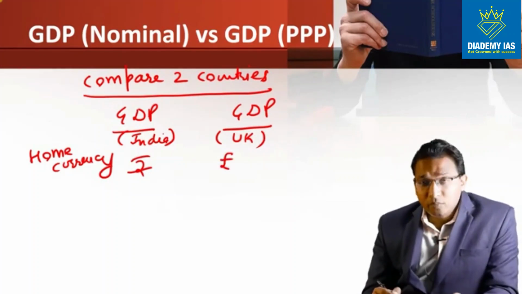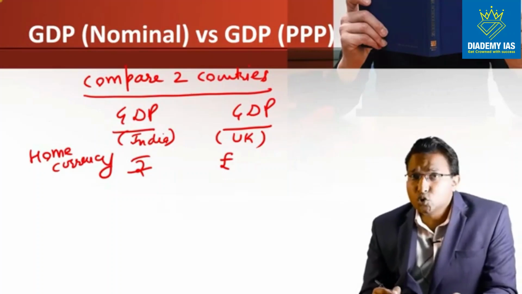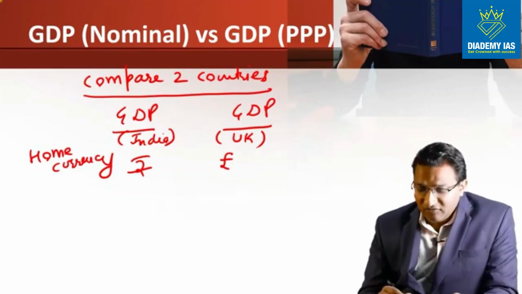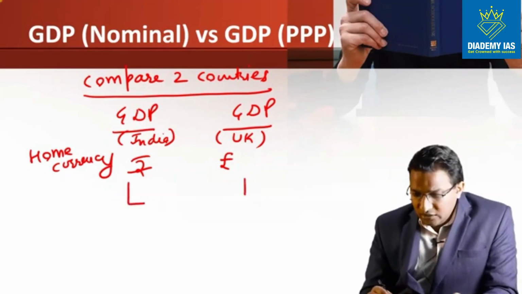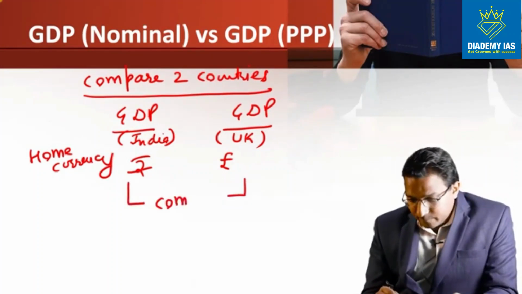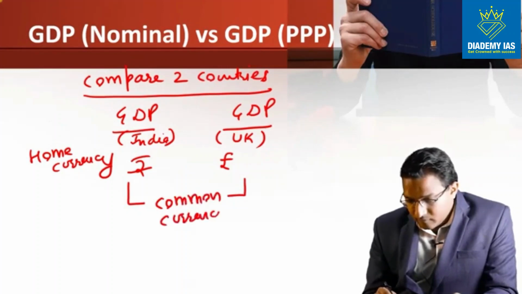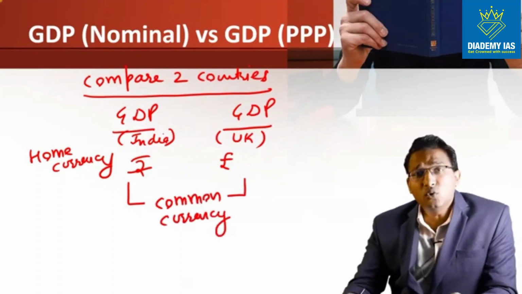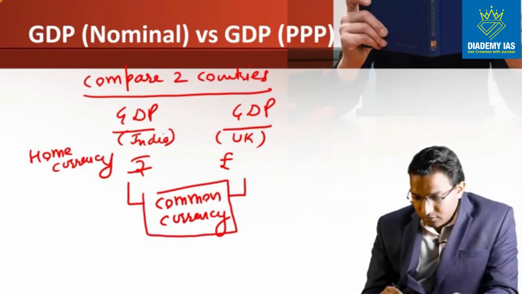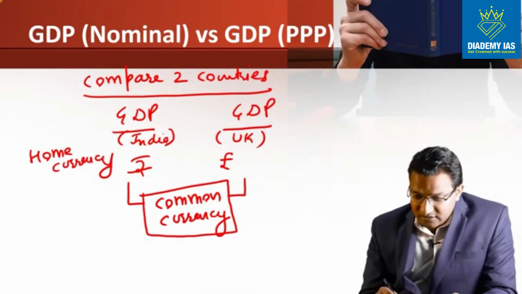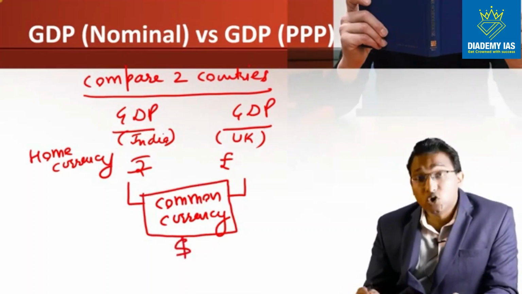Now to make the comparison between the two countries, what will we do? We will convert these two into a common currency, and this common currency, let us say this is dollar.